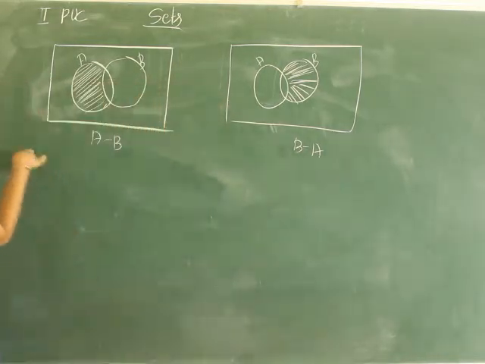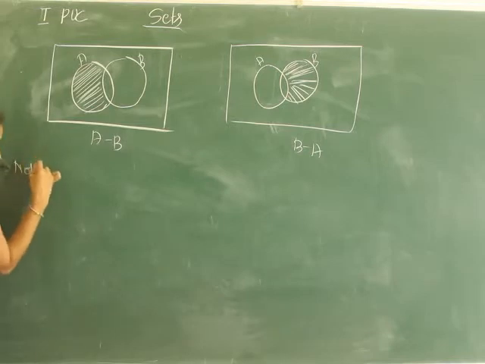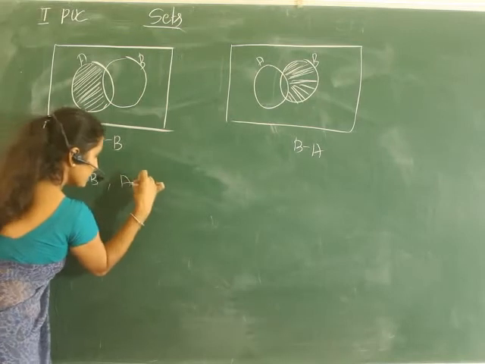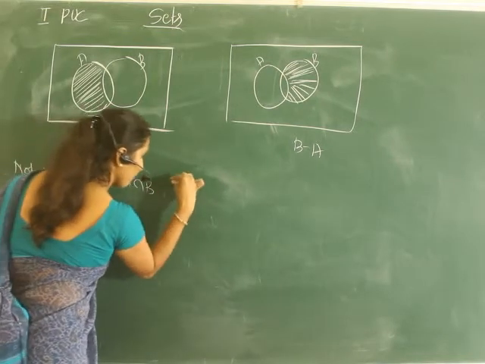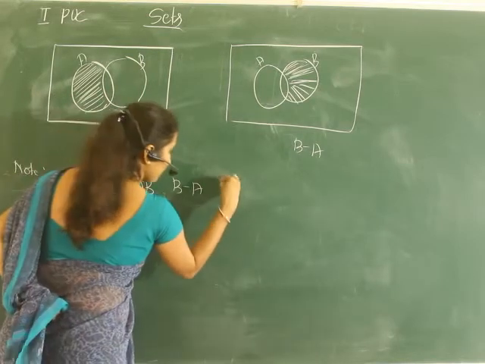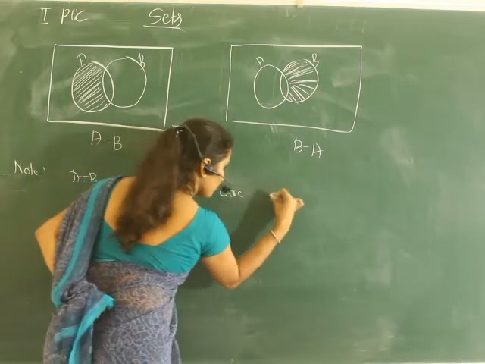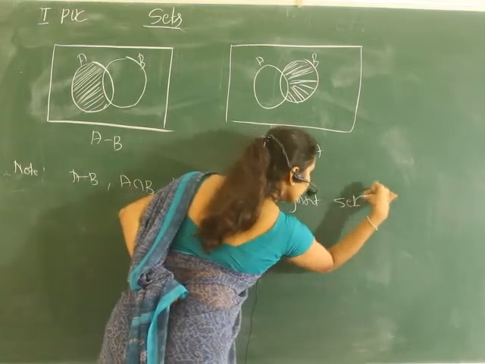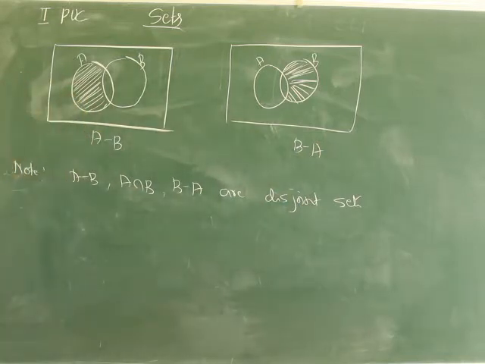You can write one note: A minus B, A intersection B and B minus A are always disjoint sets.